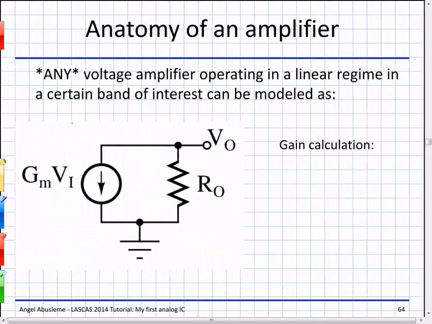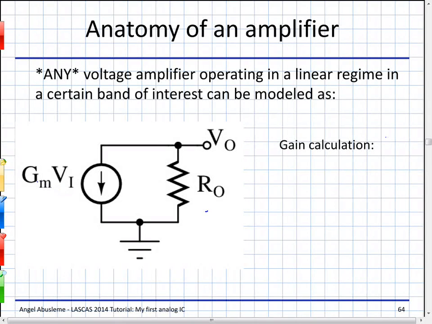So what's in an amplifier? Any voltage amplifier operating in a linear regime in a certain band of interest can be modeled as this: a transconductor that will convert voltage into current, and then a resistance that will convert current back into voltage. It's strange that if we want to amplify voltage, first we convert it into current, then we go back to voltage. But that's the way it is done. Okay, and we compute the gain.